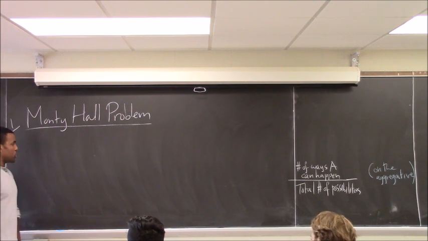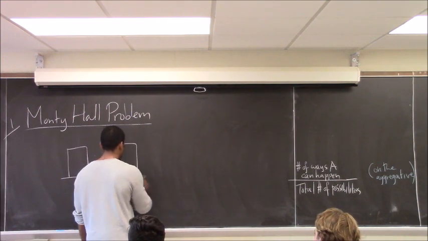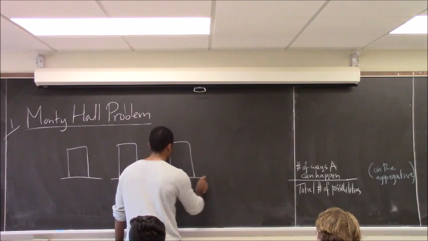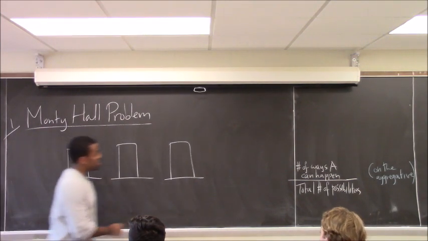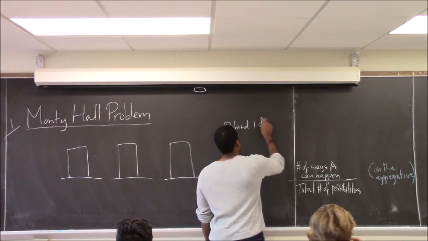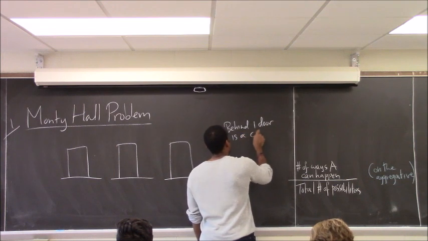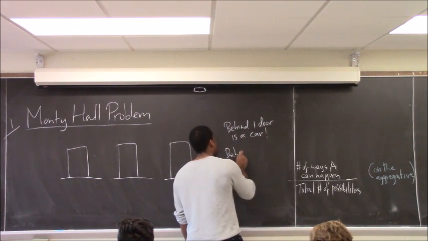So you're on a game show and there are 3 doors. Now behind one door is a car. Behind the other 2, some lesser prizes.